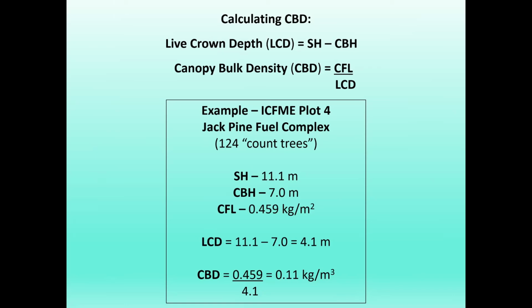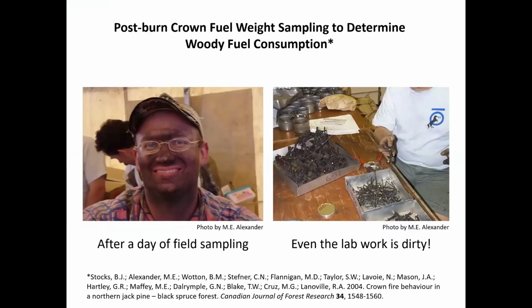It's worth noting here that the canopy bulk density equation conforms to Van Wagner's methodology. If there appears to be significant quantities of woody fuel consumed in the canopy fuel layer, it may be necessary to undertake a post-burn crown weight sampling study.